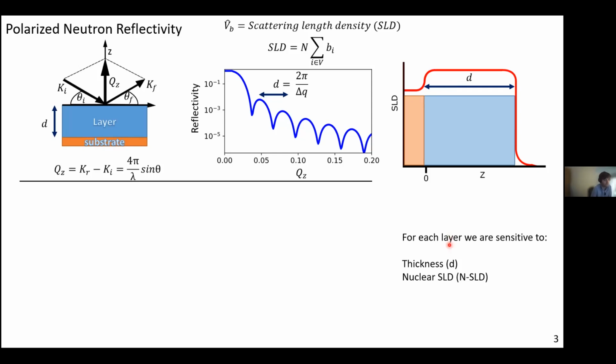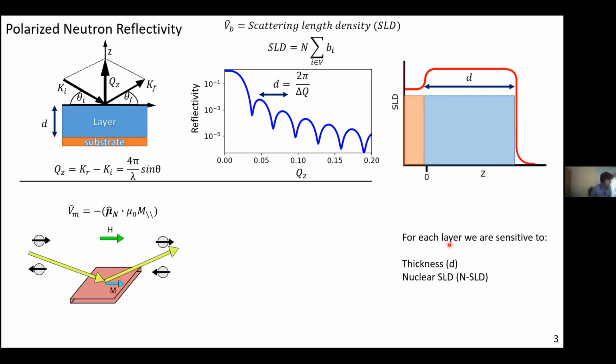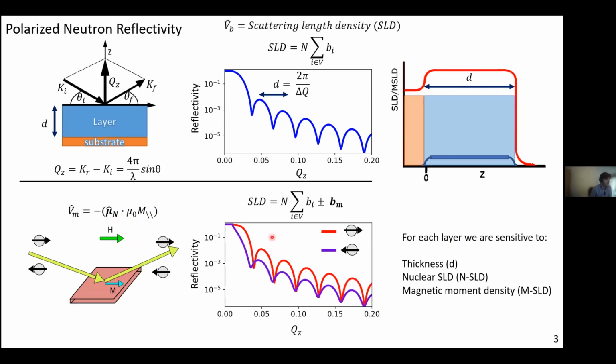But I also need you to know that neutrons have a magnetic moment, and this magnetic moment can interact with the magnetization inside of our sample. And so if we want to see, for example, the projection that this magnetization makes in the direction of propagation of our neutron beam, what we need to do is measure two states. We need to measure parallel to our applied field and anti-parallel. And if we were to do this, we see a reflectivity profile that looks like this.